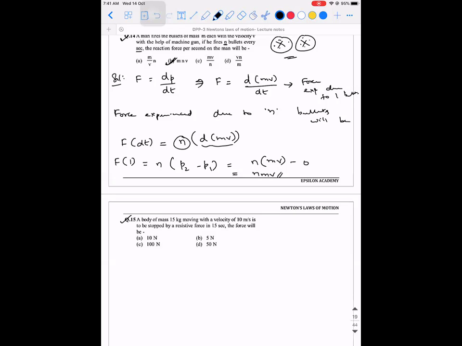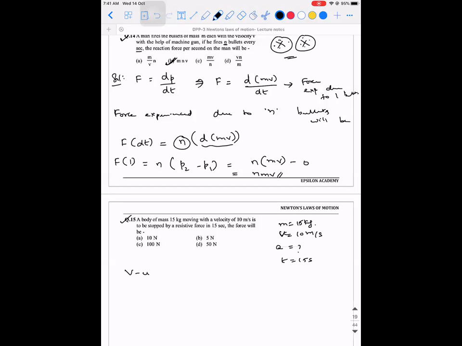So how did you do? Mass is given, 15 kilogram, moving with a velocity of 10 meter per second, to be stopped by a resistive force in 15 seconds. So u is 10 meter per second.